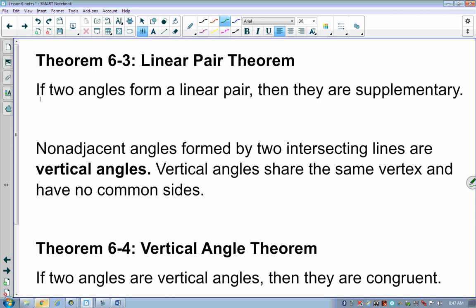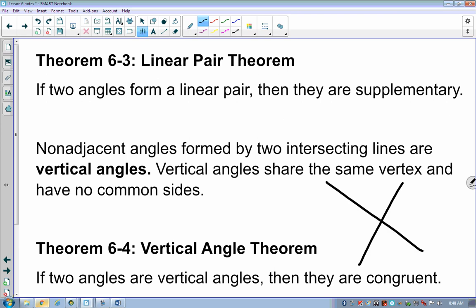Theorem 6-3, this is the linear pair theorem. If two angles form a linear pair, then they are supplementary because a line is 180 degrees. Again, that's not super complex. Non-adjacent angles formed by two intersecting lines are vertical angles. Vertical angles share the same vertex but have no common sides. So just to give you an example, if I've got two lines that cross, look like this, let's go ahead and put some points.